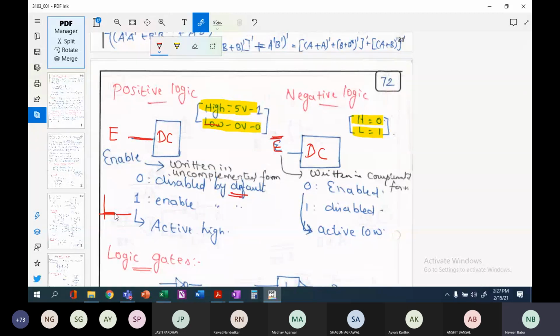If you want to enable it, we make it 1 here. So this is how we represent our active high circuit. Normally 1 is disabled, which means that under this circumstance your circuit will be disabled. If you want to enable the circuit, then you have to give 0. So this is an active low circuit.